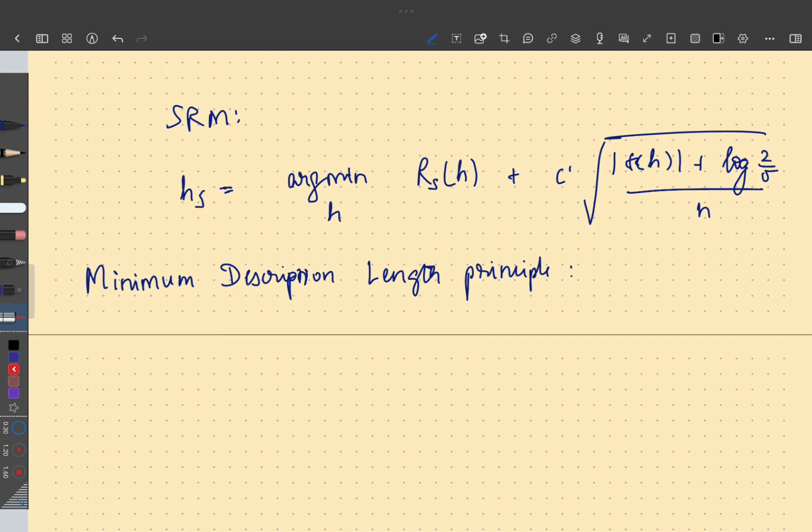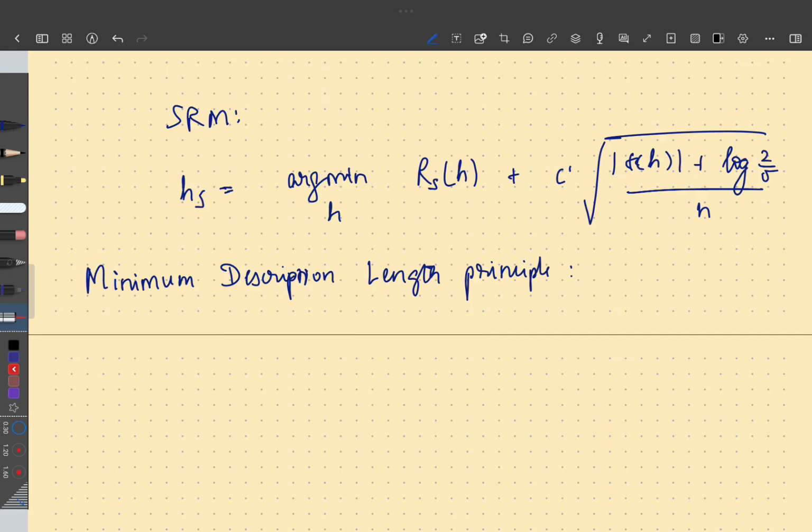Yes, then we have to use countably infinite subclasses. So then you define the code for each subclass, not for each predictor. Does it mean a lower degree polynomial is preferred? Yes, exactly. You prefer a lower degree polynomial over a higher degree polynomial.